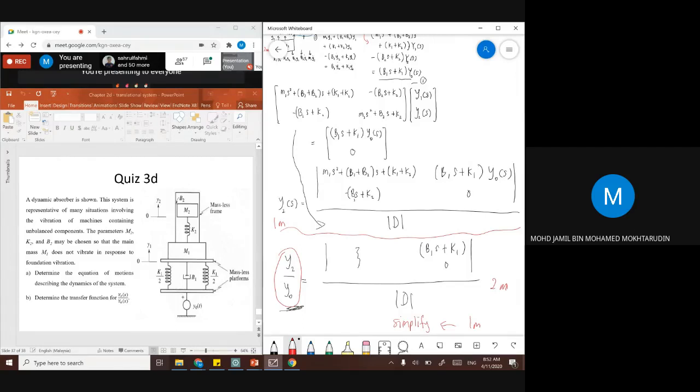So this one is basically the properties of determinants. If you look at this column, you can factorize each column or each row separately.